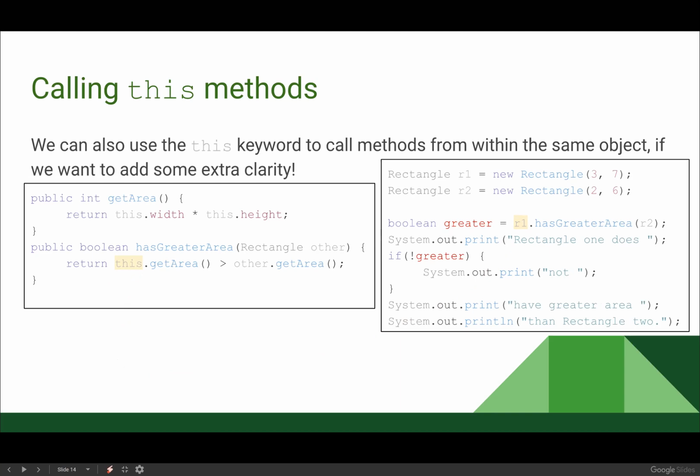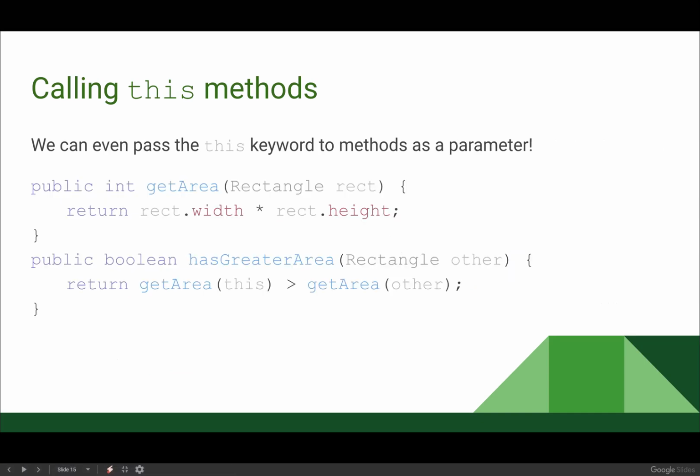So it is really there to help us ensure we know exactly which methods and which variables we are trying to access when we are accessing variables within a method in a class. We can even pass this to methods as a parameter.